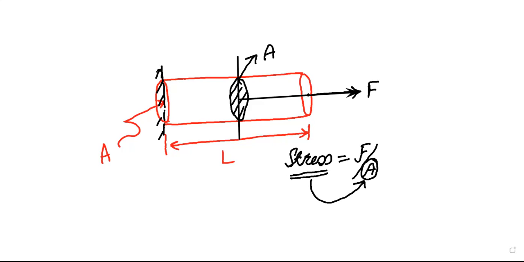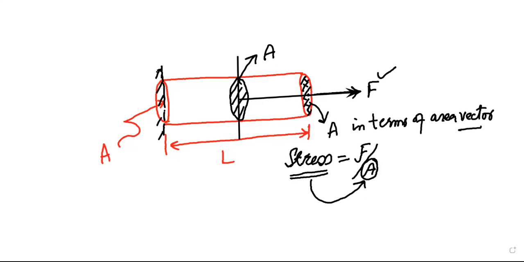For example, in case of this machine element, if I ask you what is the stress on this area, first you calculate the force acting on this area, that is F. And also express this area A in terms of an area vector.